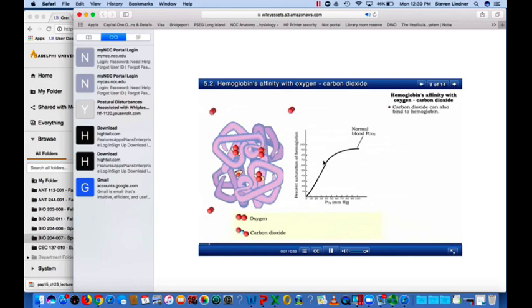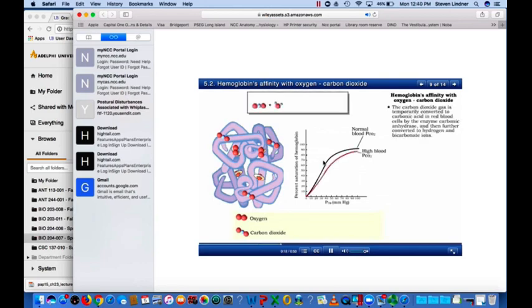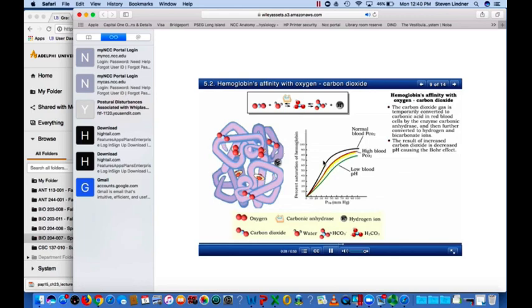Carbon dioxide can also bind to hemoglobin. The effect of carbon dioxide partial pressure is similar to the effect of pH. During aerobic metabolism, carbon dioxide gas is generated. The carbon dioxide gas is temporarily converted to carbonic acid in red blood cells. The result of increased carbon dioxide gas in the blood is a lowered pH, causing the Bohr effect.